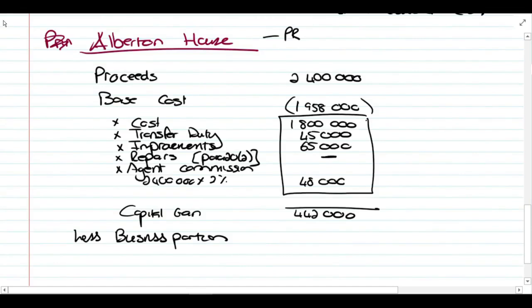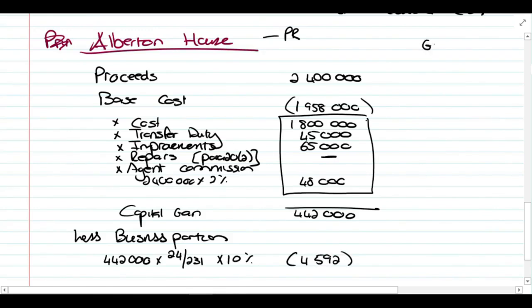Okay, so the business portion is that capital gain times 24 over 231, and it was 10% of that. $4,592.